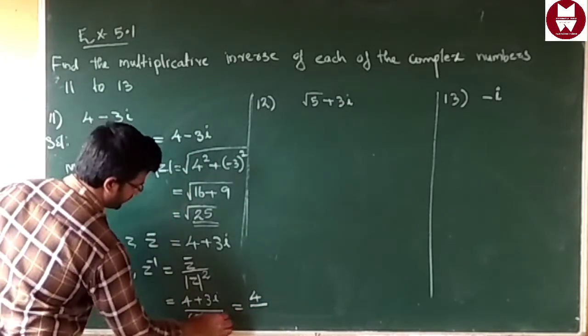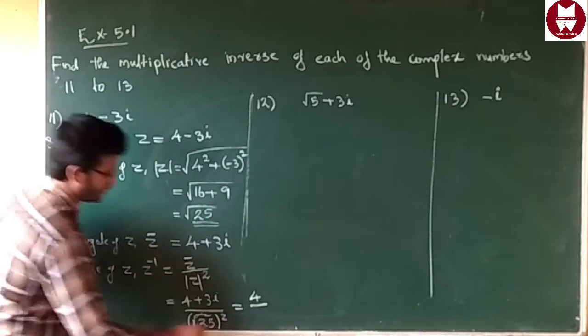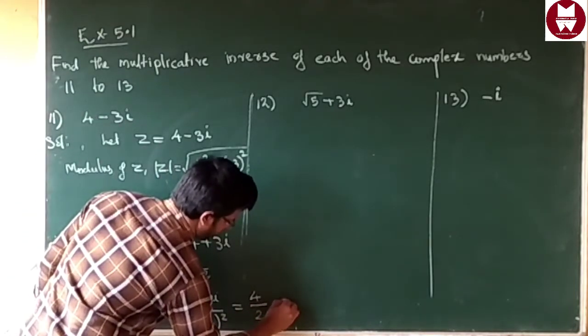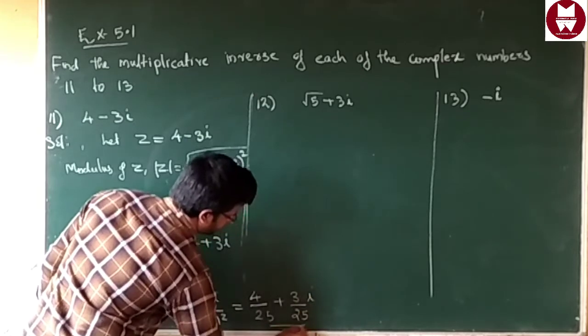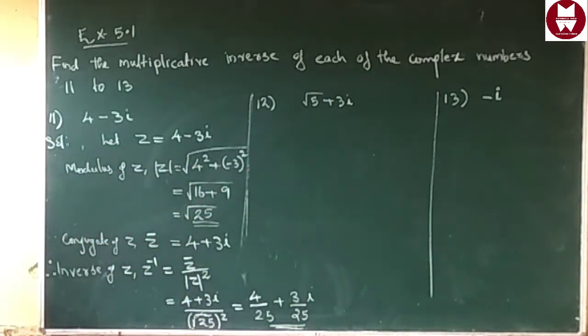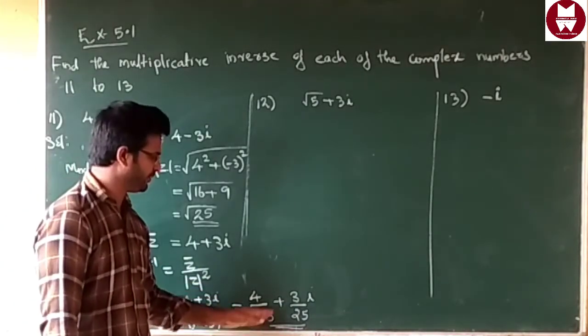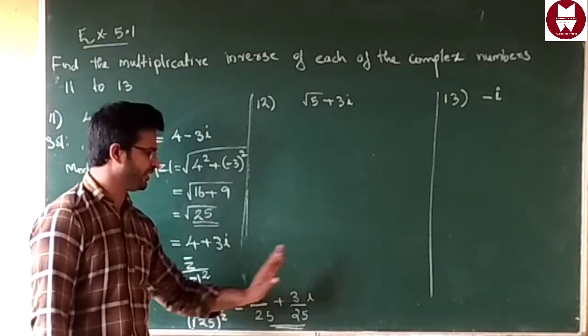The square root and square cancel, so we will get 4 by 25 plus 3 by 25i. This is the inverse of the given complex number: 4 divided by 25 plus 3 divided by 25i.